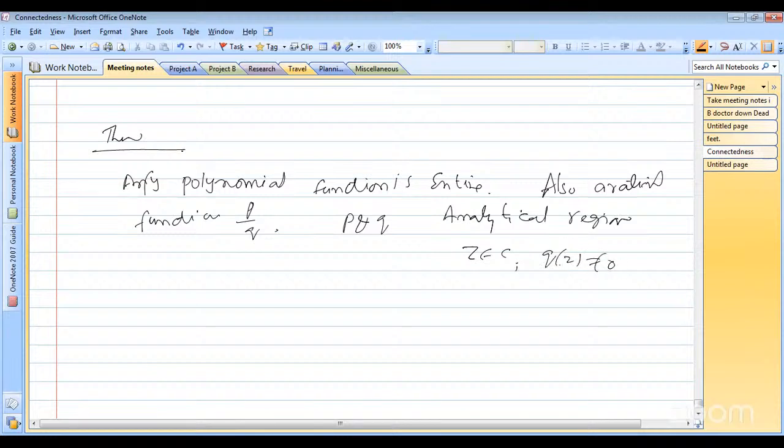Here z belongs to C, it is a complex number, but Q of z should not be equal to 0.